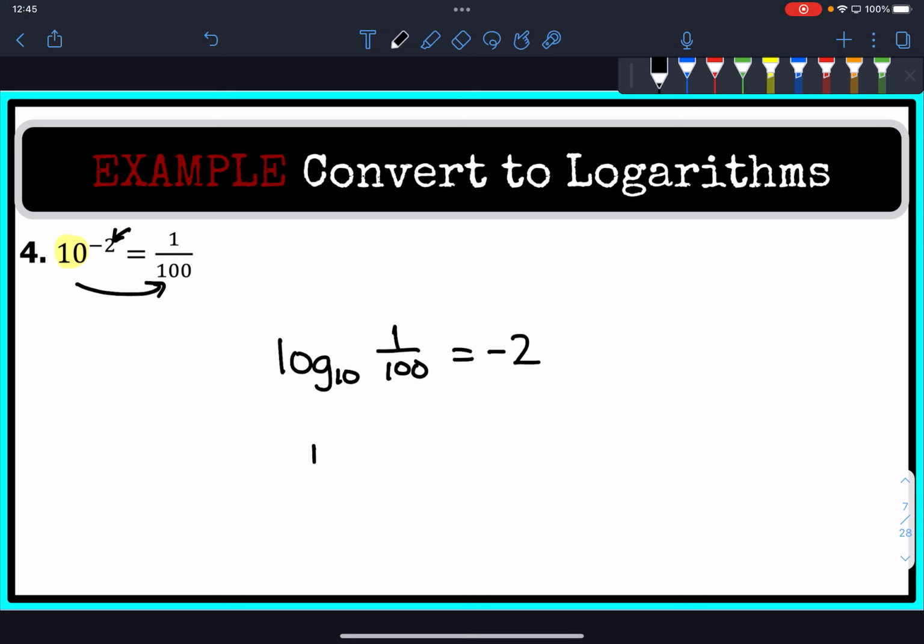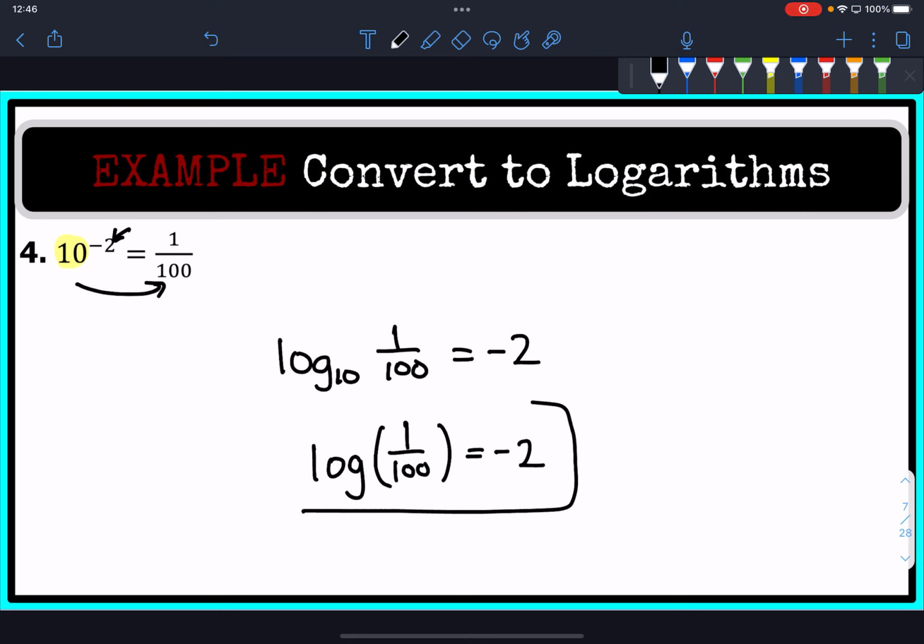This is normally written like this because it's the common base. We only write the log of 1 over 100. You might want to put parentheses, though not required, equals negative 2. Since our base is 10, we don't have to write it. It's understood to be 10 when we omit it.